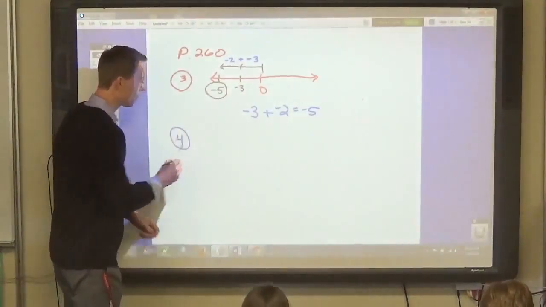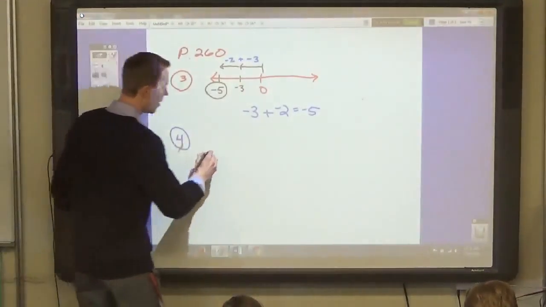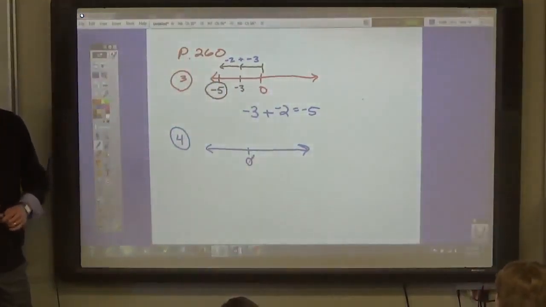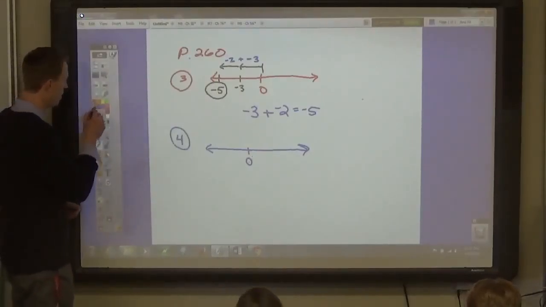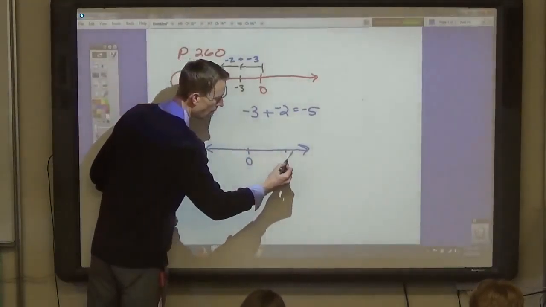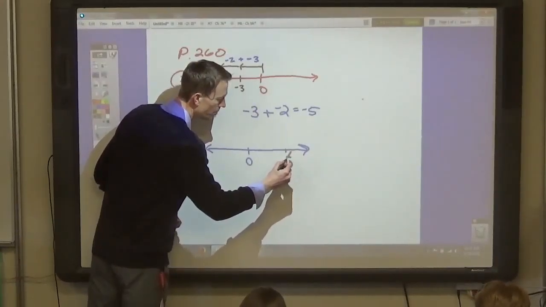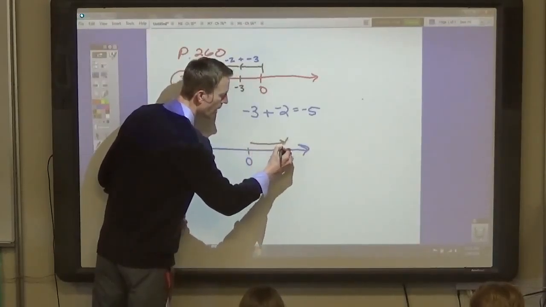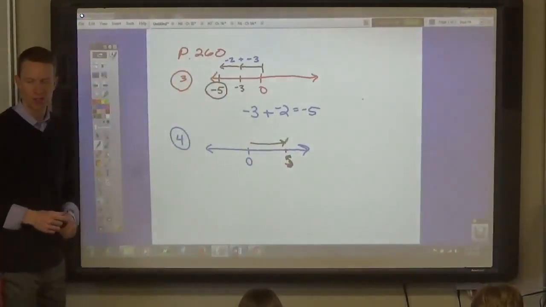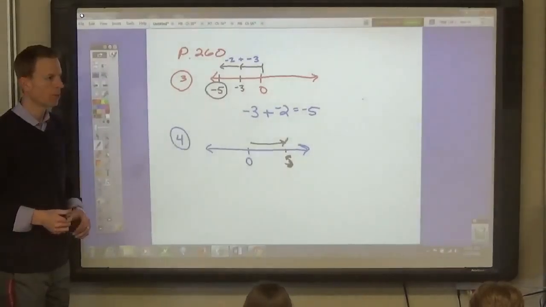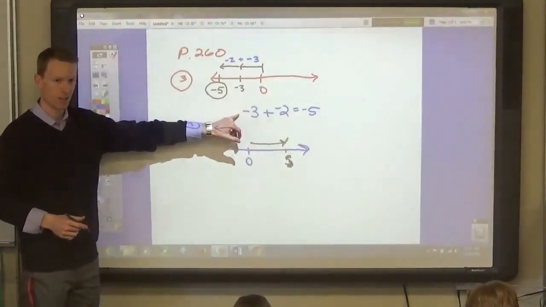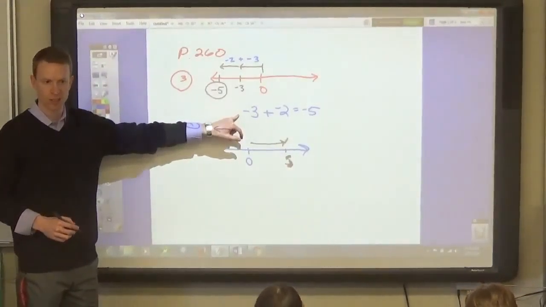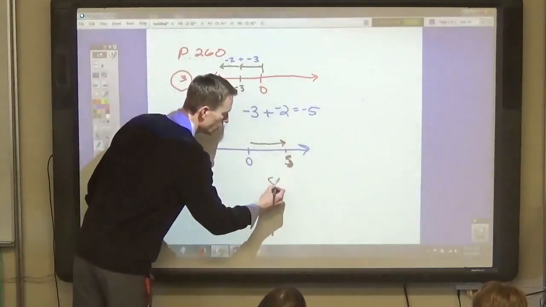Let's do number 4. Here's another model. Again, draw a number line. Start at 0. And in the first move, it goes to +5. There we go. So it goes to +5. What would we start with then? Our first number in the number sentence. What's the first move? 5. Start with 5.